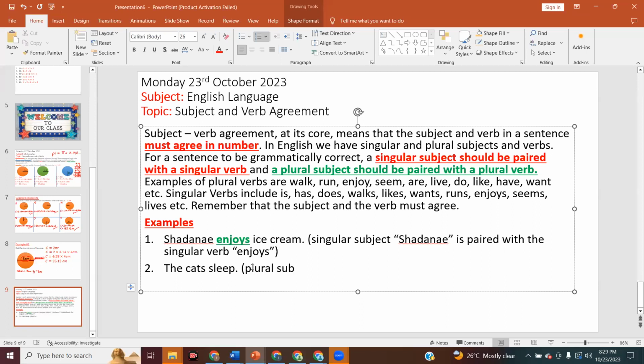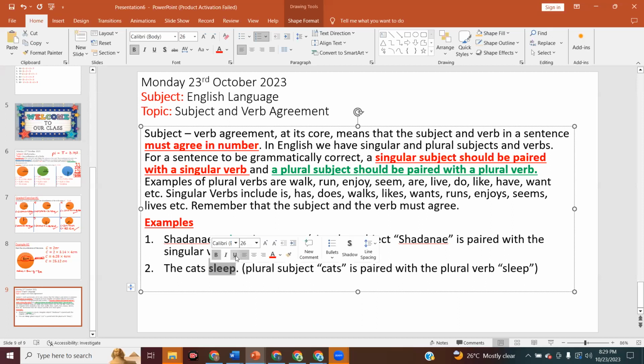So the plural subject, cats, is paired with the plural verb, sleep. Okay. Be careful. Some of you will go right there and say the cat sleeps.